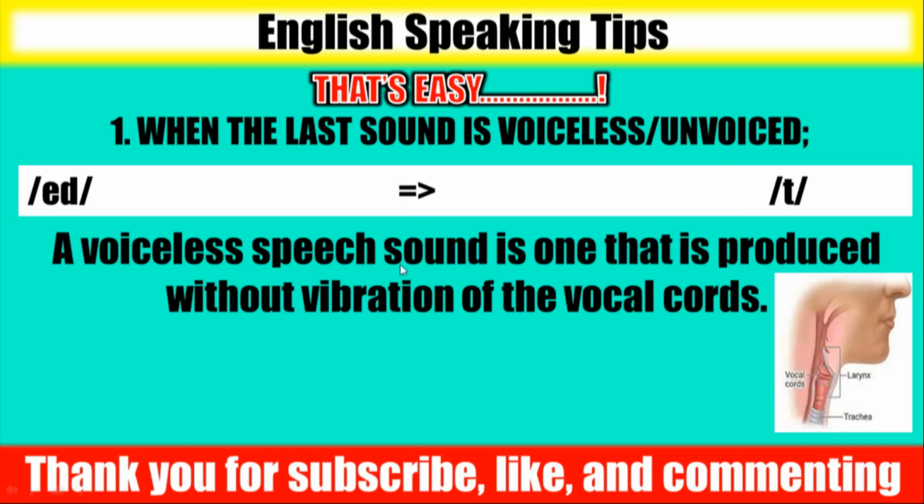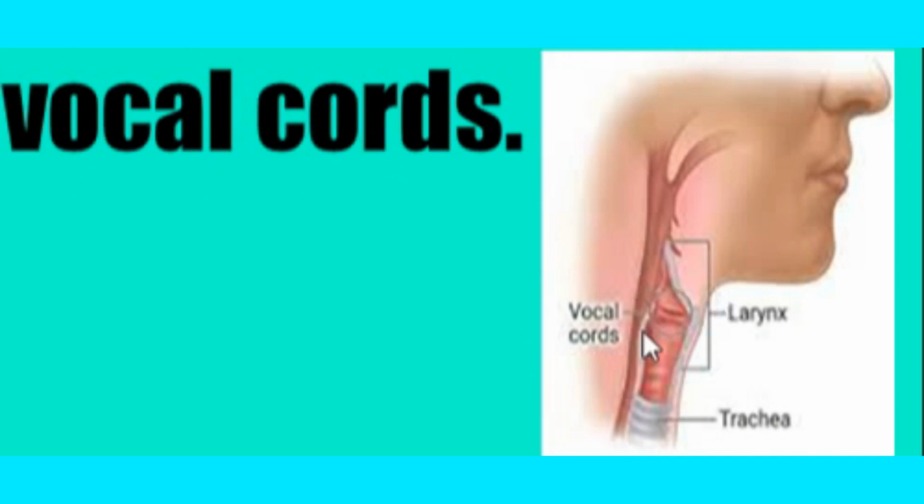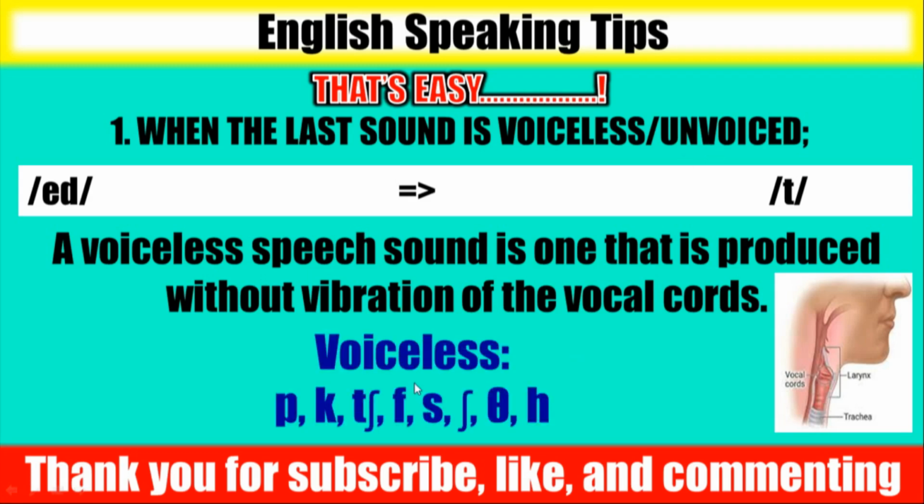A voiceless speech sound is one that is produced without vibration of the vocal cords. So here are the vocal cords. If there is no vibration in the vocal cords, then the sound we produce is called voiceless or unvoiced. The voiceless sounds in English are p, k, t, f, s, sh, ch, and h.